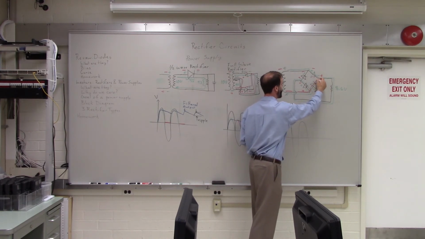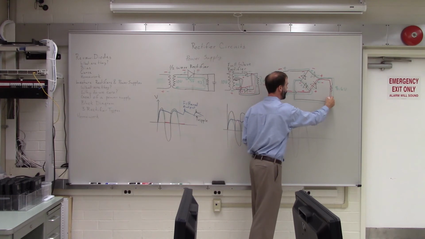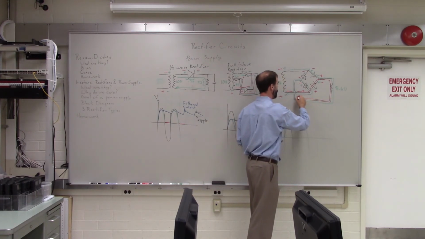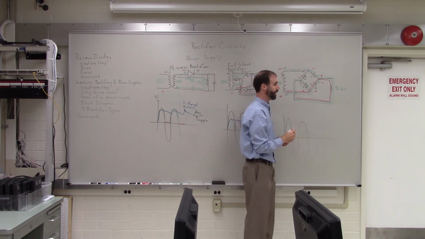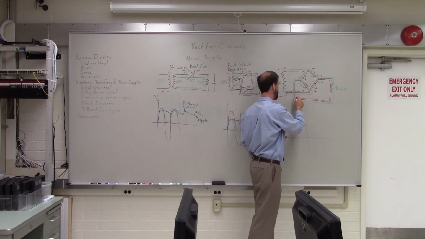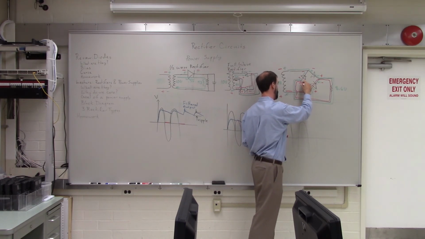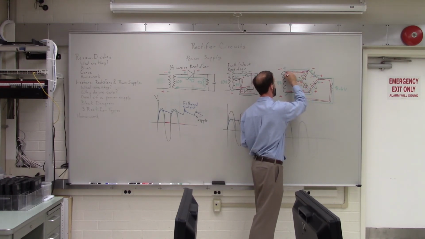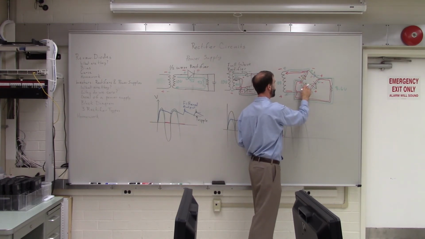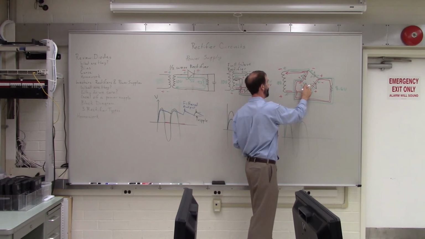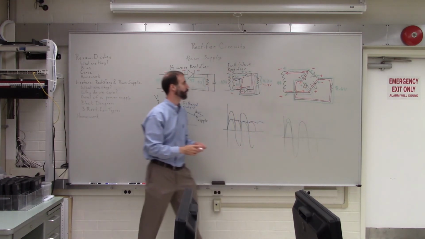This one is reverse biased, so all the electricity goes through the load. And then it comes up and around here, oh, I'm sorry, it goes up this way and back to the opposite side of the transformer.